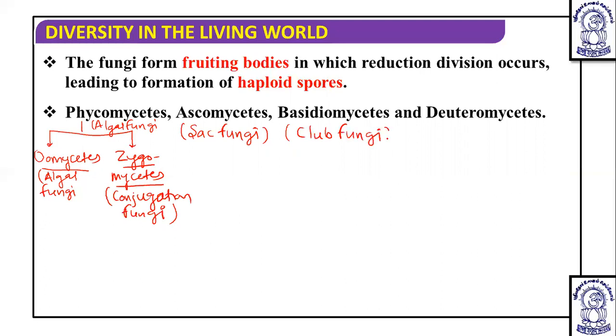Why these common names are given, we will discuss when we study each class in detail. And Deuteromycetes are known as fungi imperfecti or dustbin fungi. So we will study these classes in detail. At that time you will understand why they are named like this.